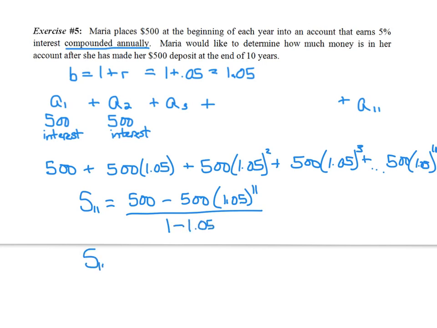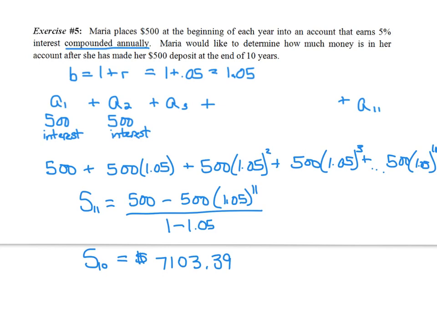So S11, when you put this in your calculator and you round it because it's money, gives me a total investment value of $7,103.39.